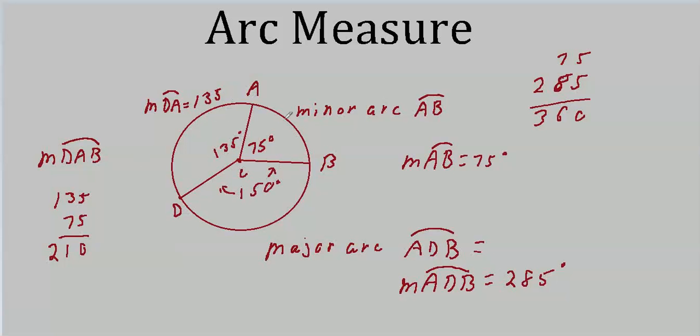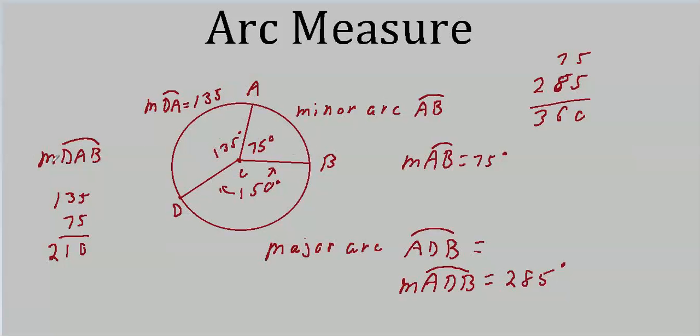As long as we put them end to end, the measure of the arc which results from adding arcs together is just the sum of the degrees of those arcs, or the sum of the measures of those arcs.